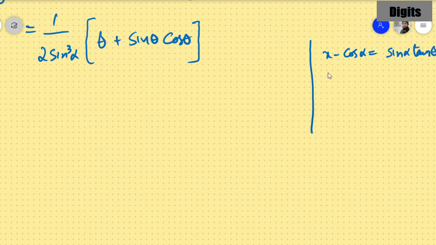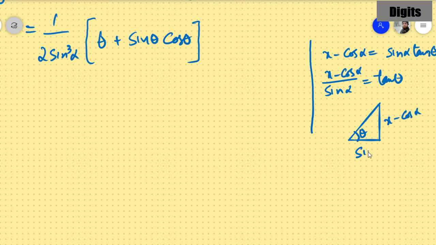It implies x minus cos of alpha divided by sin alpha is equal to tan theta. Now with the help of a right angle triangle, this is equal to perpendicular divided by base. Suppose this is theta, then this is the perpendicular side, so this is x minus cos of alpha, and this is sin alpha.